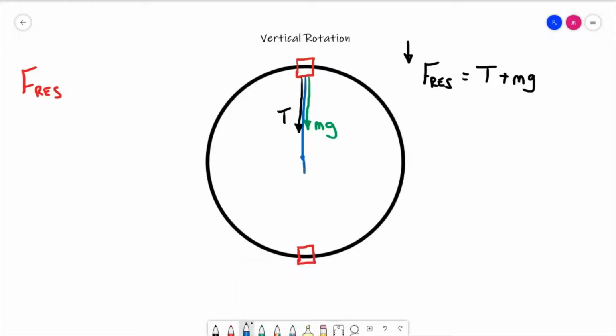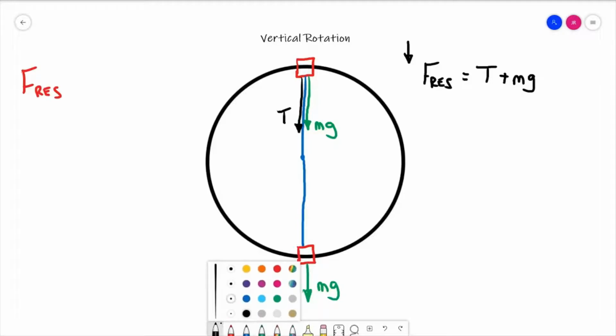When the object is at the bottom of the circle, we've once again got the weight, which is acting straight down. This time though, the tension in the string is acting back up towards the centre.